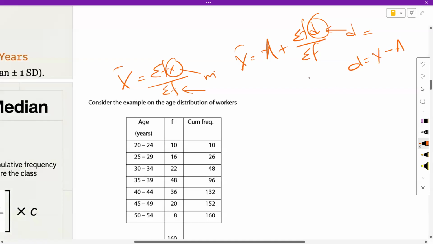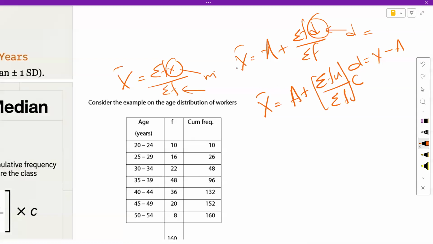And the third method: mean equals assumed mean plus sigma fu over sigma f, into c, the class width. So there are three methods.